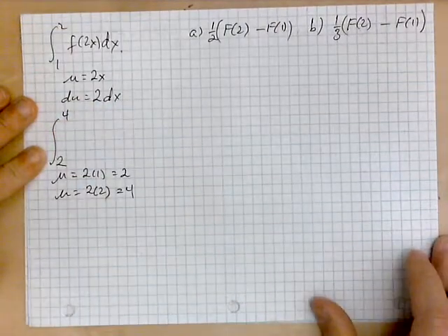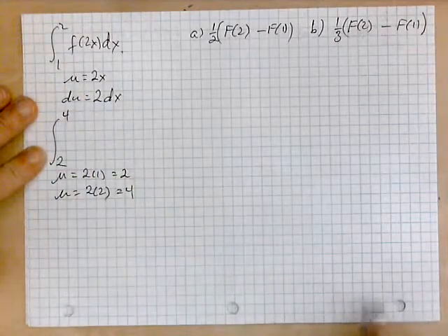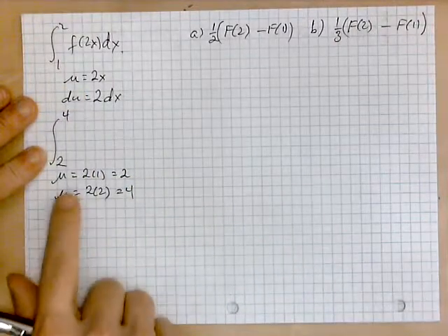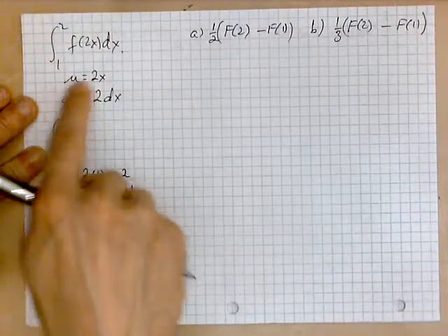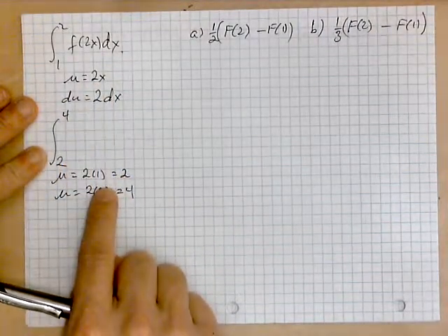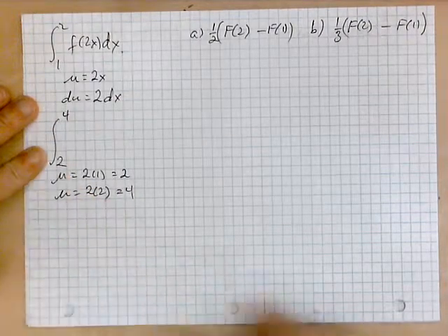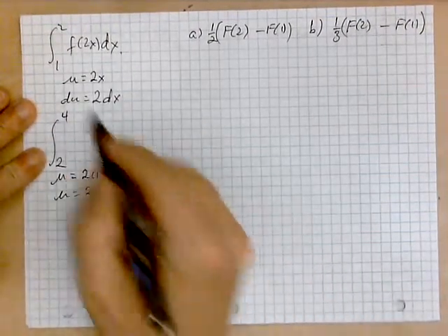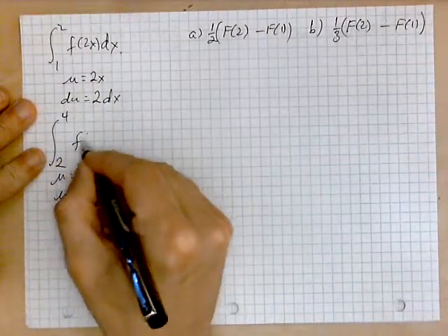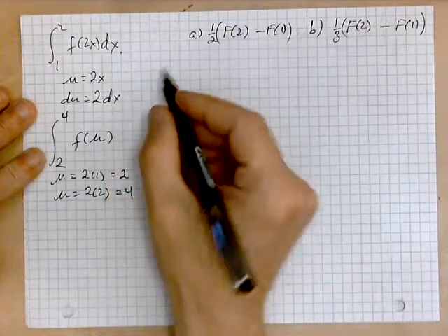Okay, so we have switched from x as the variable to u as the variable. And the limits have been adjusted accordingly. And how do you adjust them? Well, if u equals 2x, then when x is 1, u is 2. When x is 2, u is 4. And you place in the new limits here. And then the inner portion will be written as f of u. And then dx can be replaced with the following.